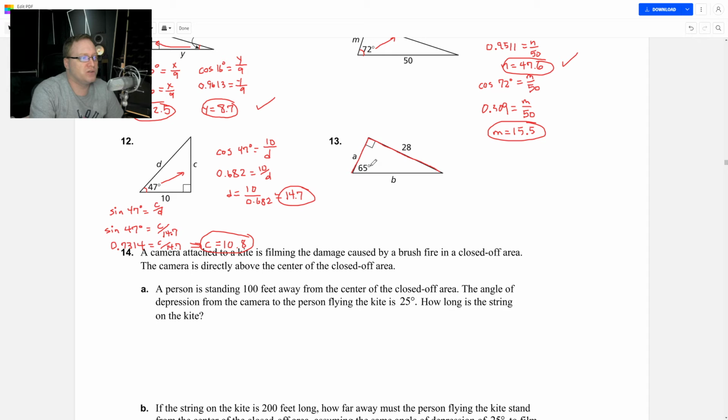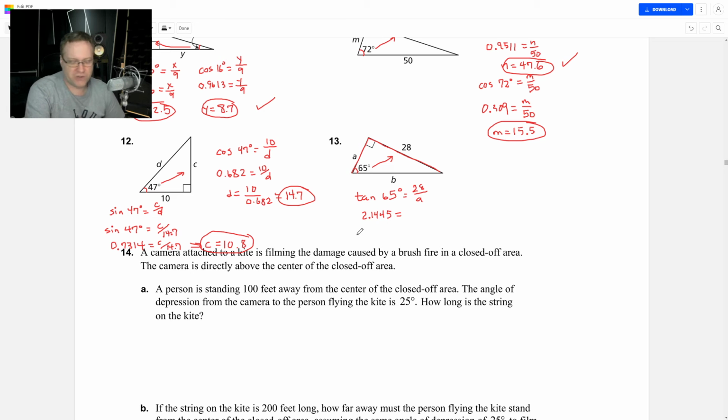So we're going to use this angle: the tangent of 65 degrees is going to equal what? The opposite leg over the adjacent leg, which is 28 on top divided by a. Now, what is the tangent of 65? Well, we put that into our calculator again. So we have the tangent of 65 and that equals 2.1445.